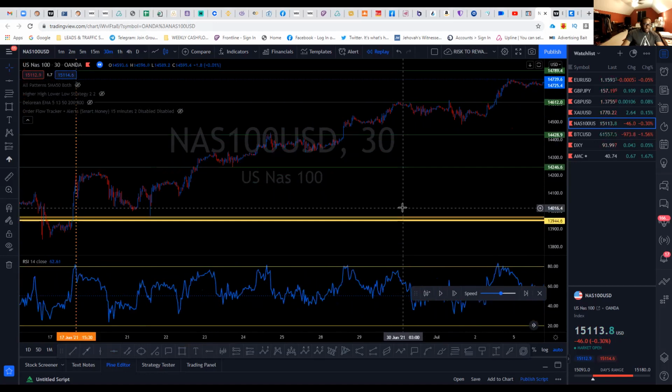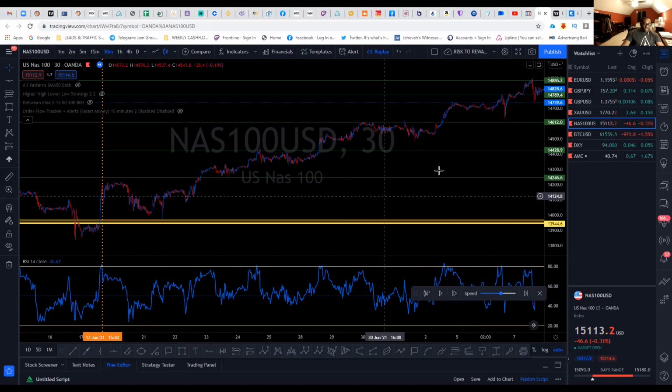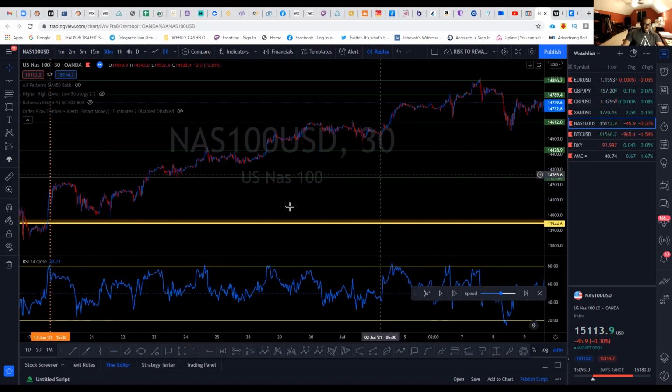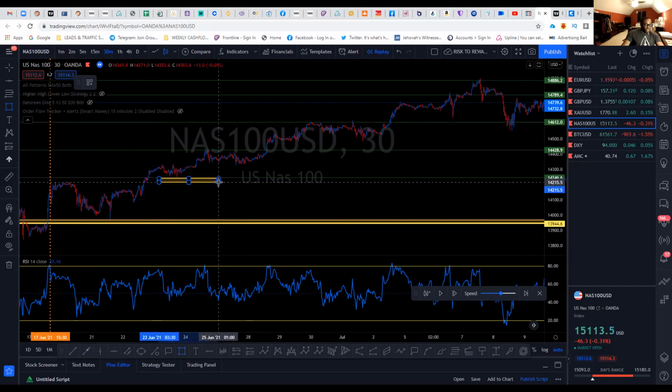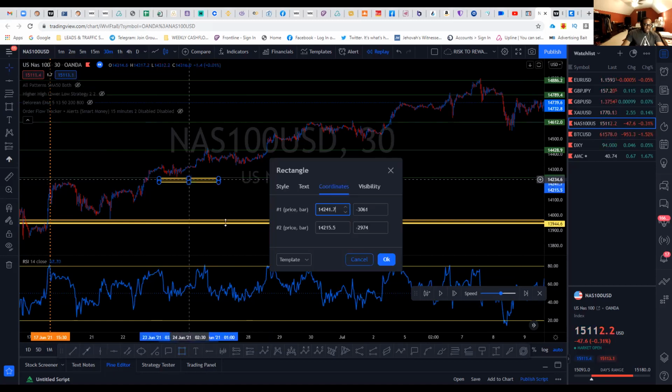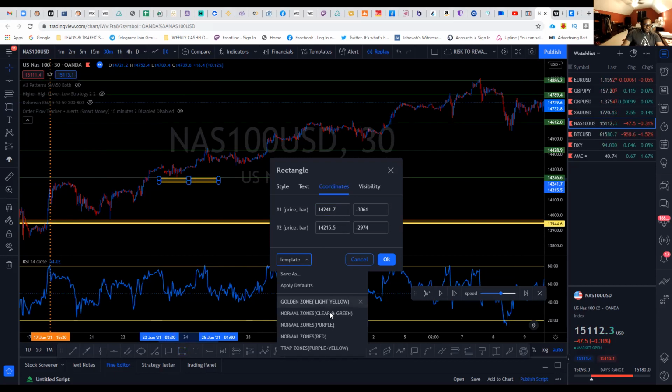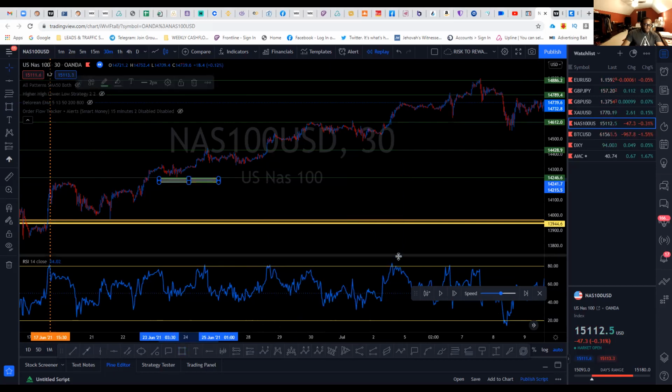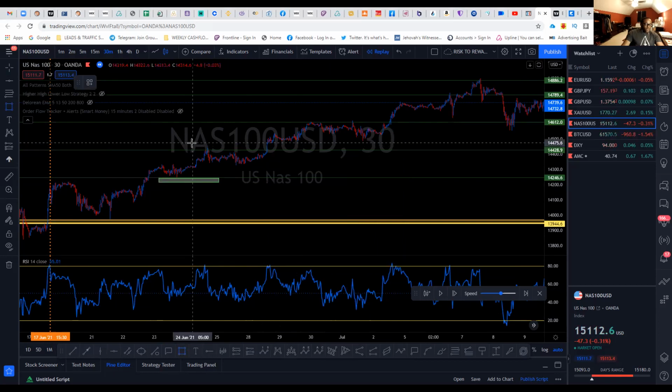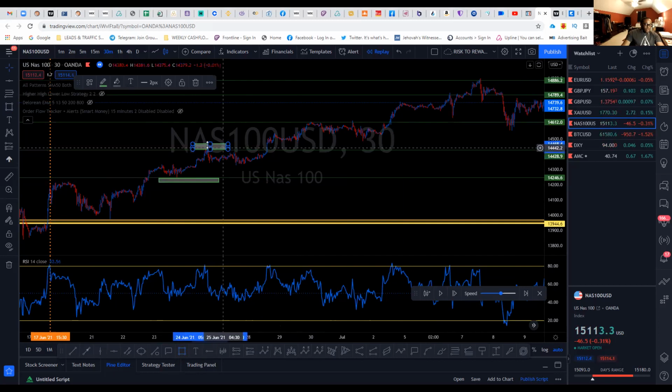So now we're going to draw the zones based off of these horizontal lines we just drew, and I'm going to do a different color. So we're going to draw the zones here, and we're going to make it green now. On top here, I'm going to make them as thin as possible so we don't clutter the whole chart, because we want to see what's going on.